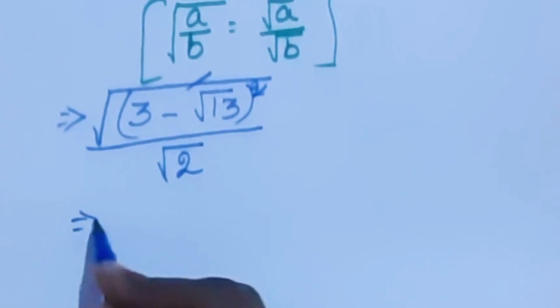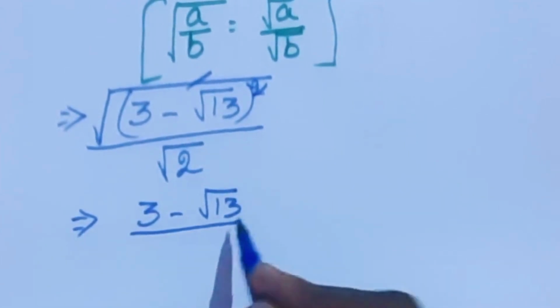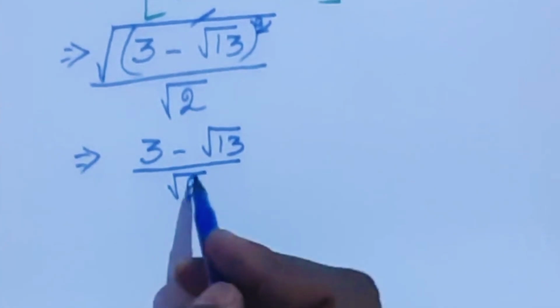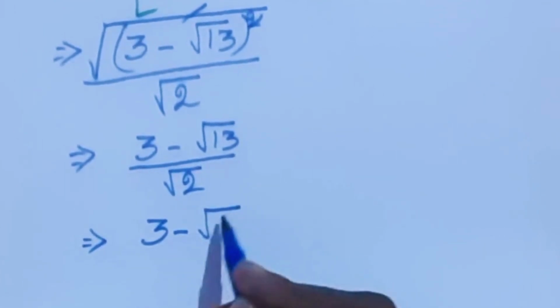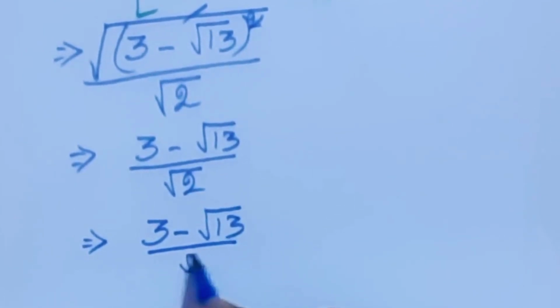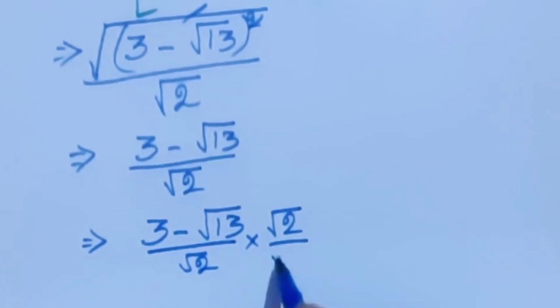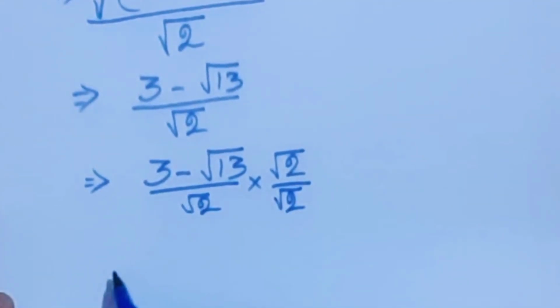Now we have (3 minus square root of 13) by square root of 2. Now we can write this as (3 minus square root of 13) by square root of 2, times square root of 2 by square root of 2. Now we are going to multiply this here.